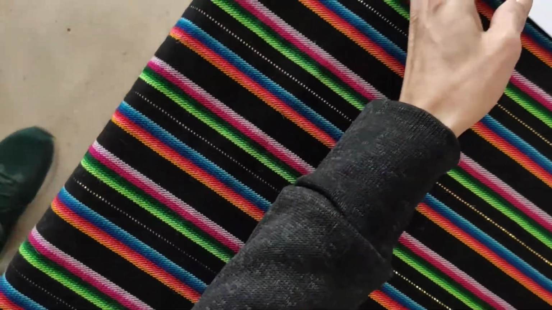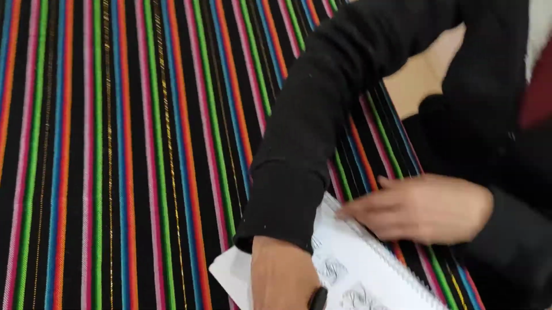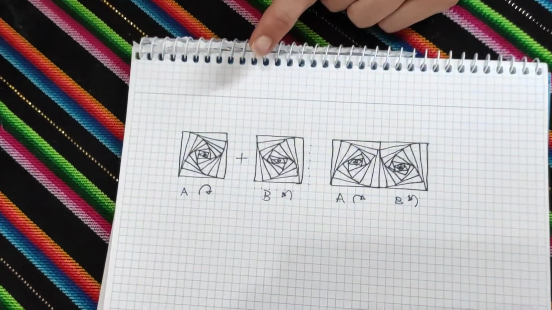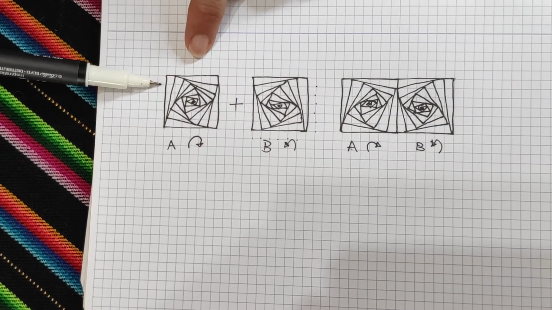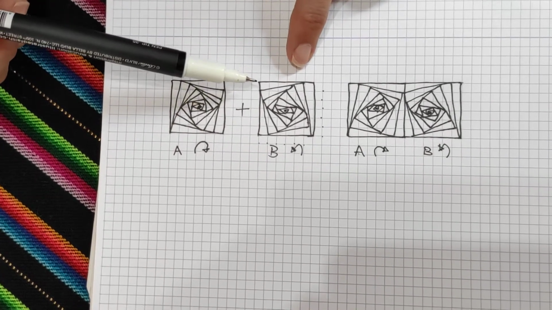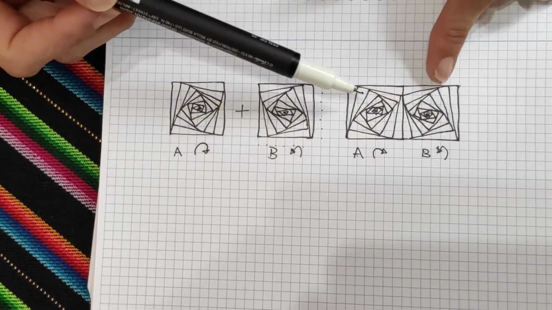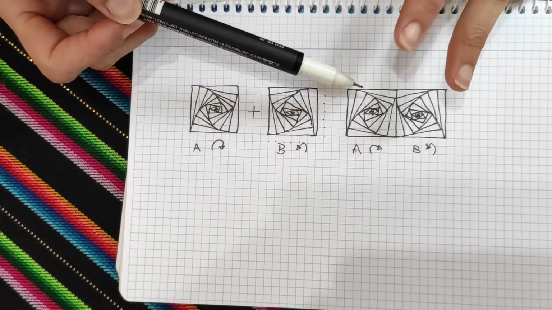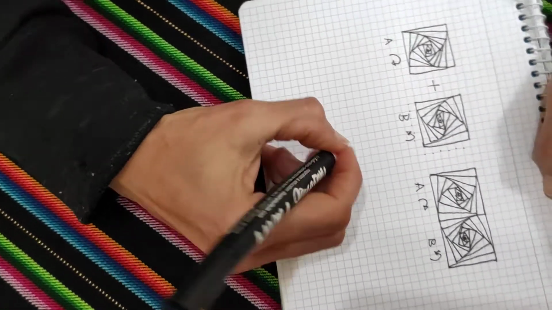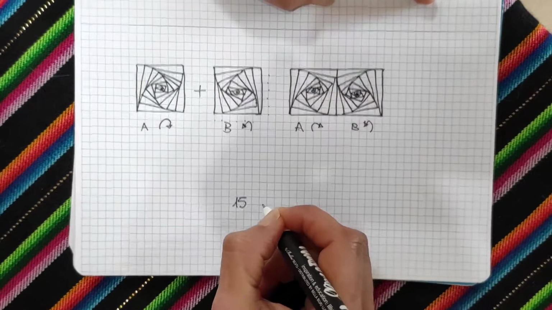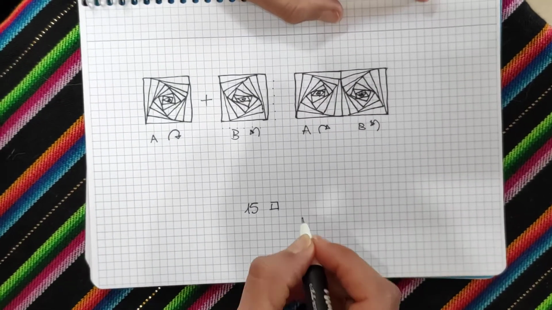So what do you need to do this week? This week you have to do one paradox model A, one paradox model B, and one combination of the two paradoxes. You need to do it counting 15 small squares like this.